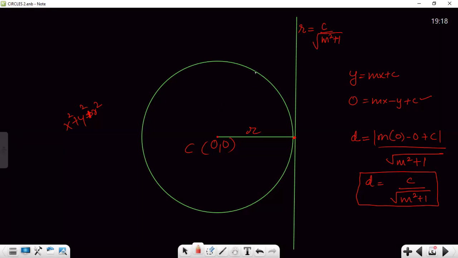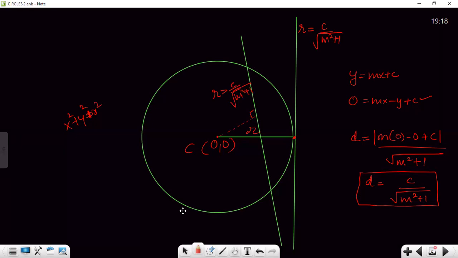If the distance becomes less than r, it means we have a line that is somewhat nearer. The perpendicular distance between this line and the center is less than r, so the radius is greater than the distance between the line and the center.